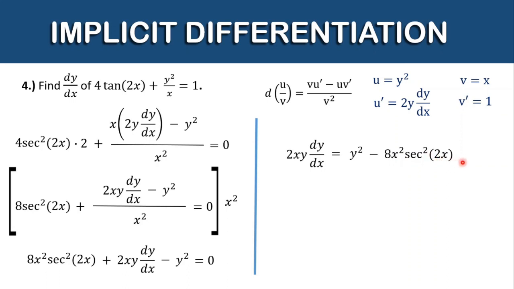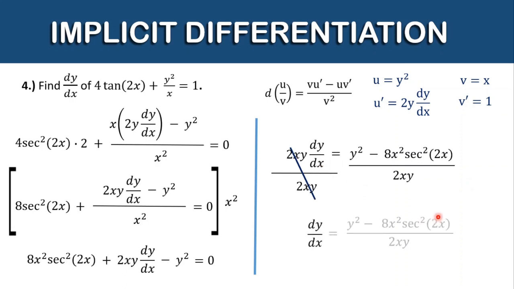Divide natin both sides by 2xy para mawala ito dito. Tapos matitira na lang yung dy over dx. Yan. Ito pa. So pwede na nating makancel yung 2xy natin. Then our final answer is y squared minus 8x squared secant squared of 2x all over 2xy.